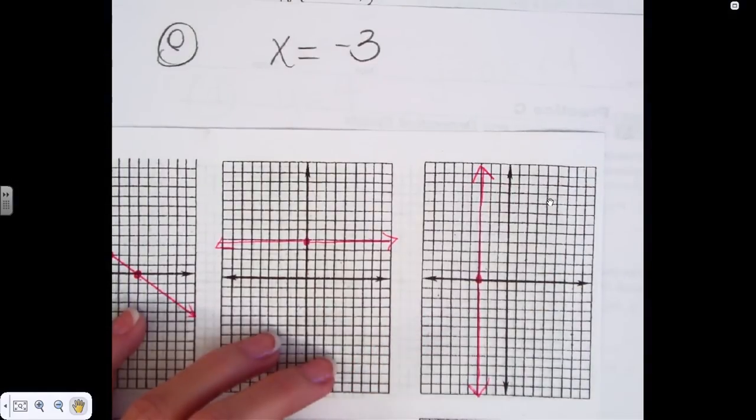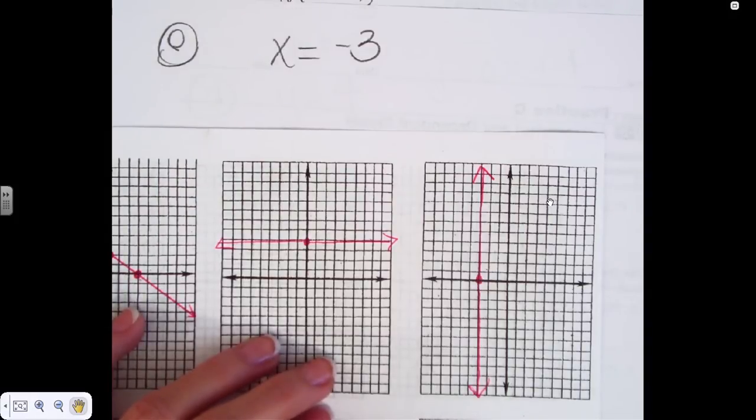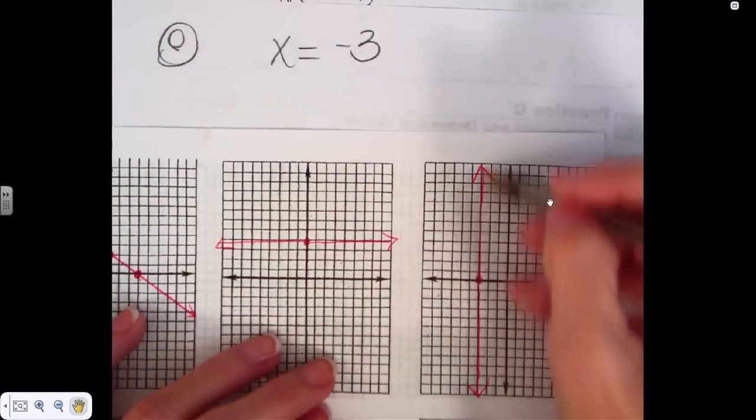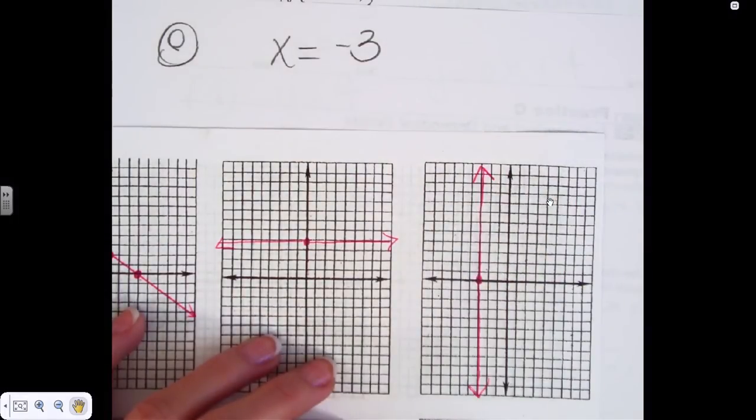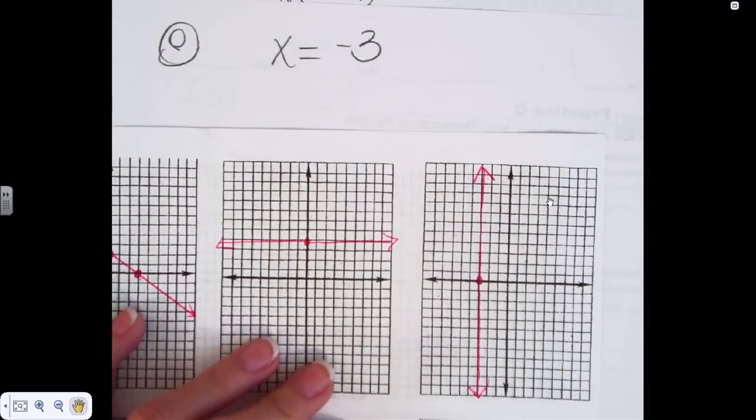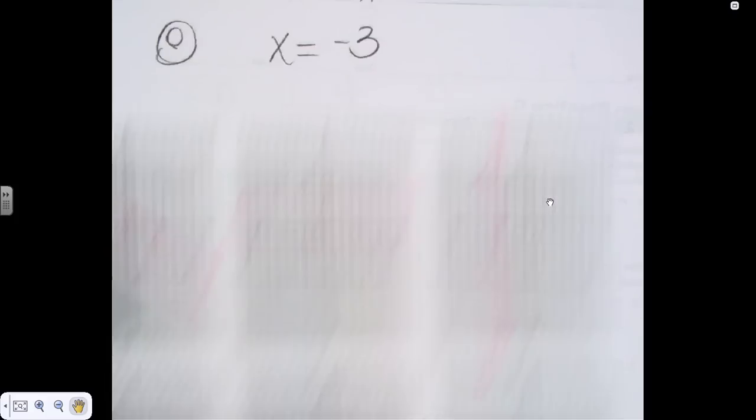This is linear, but it's not a linear function. Now, I cannot write x is equal to negative 3 in slope-intercept form. It doesn't have a y-intercept, and your slope is undefined. We'll talk about that type of slope in class. Okay, now you're going to do your graphing problems.